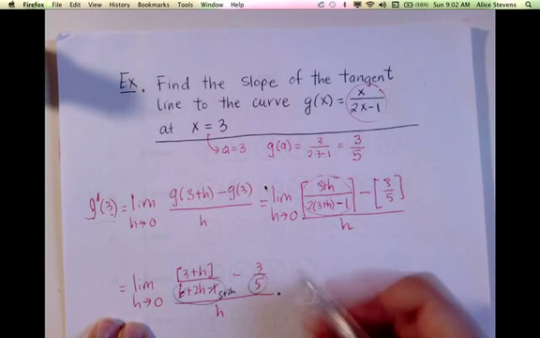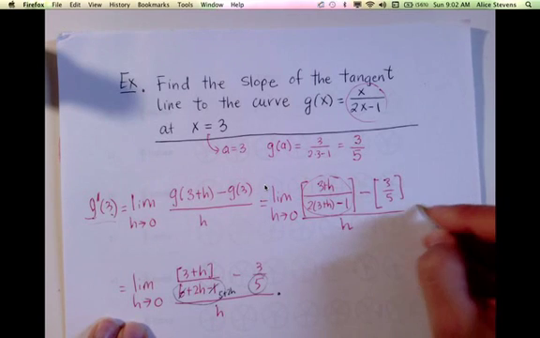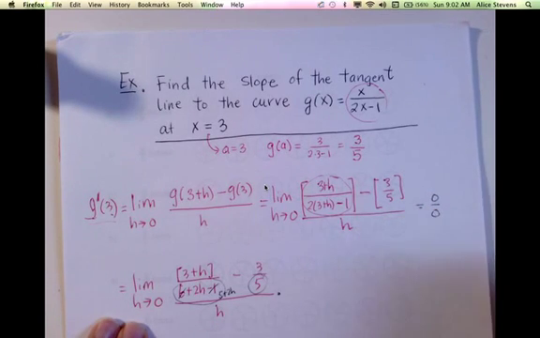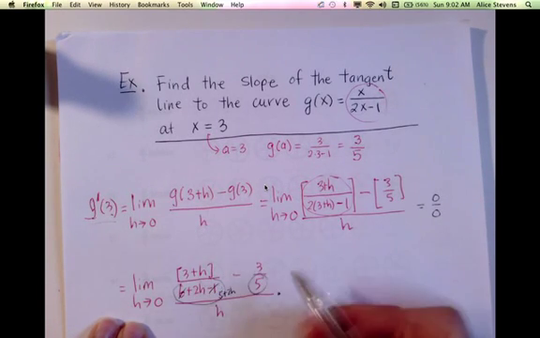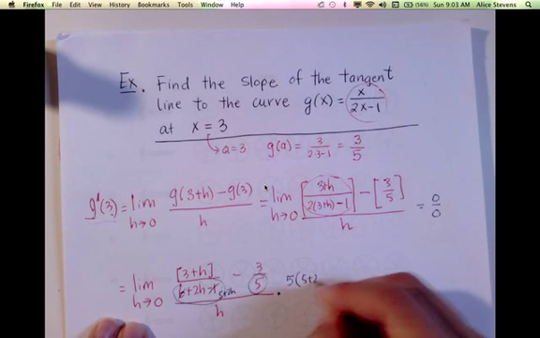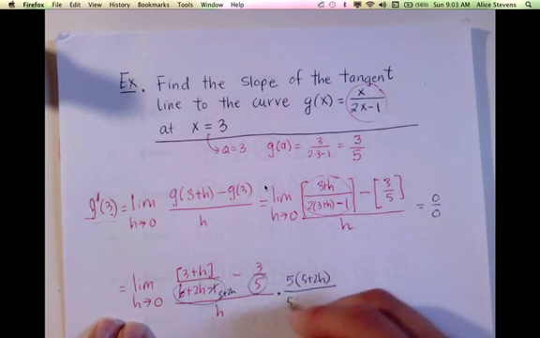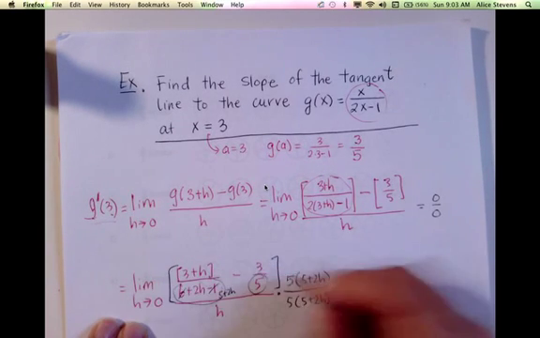And the next thing I want to do is clear out all these fractions. If I were to take the limit now of any of these expressions, I'm going to get 0 over 0. That always happens with the derivative. So in order to clear out these two fractions, I'm going to multiply the numerator and denominator by 5 times 5 plus 2h. So this will be multiplied by this.